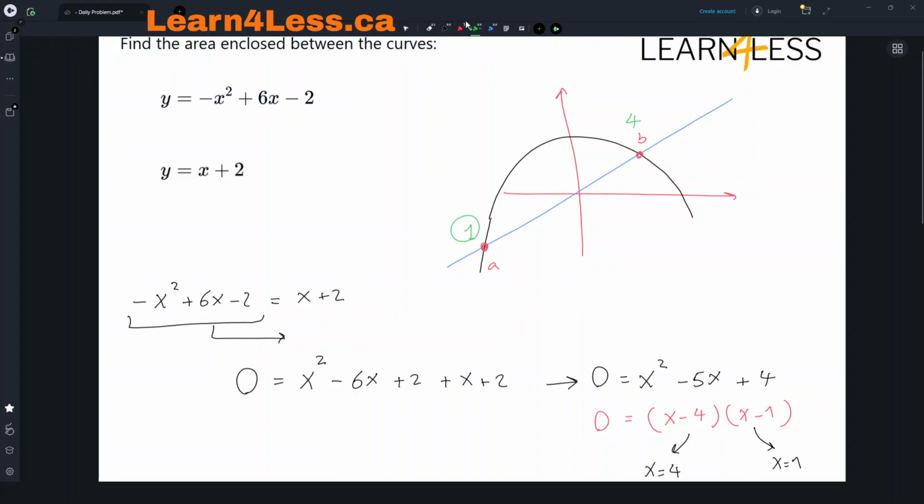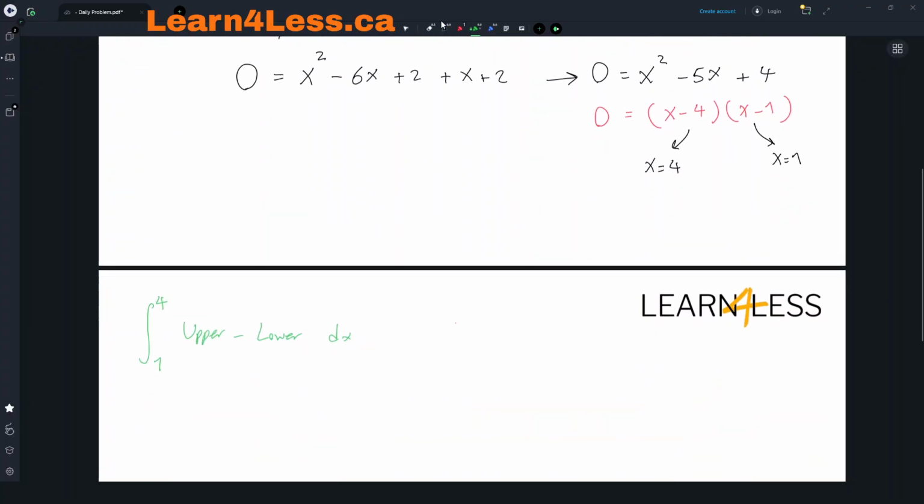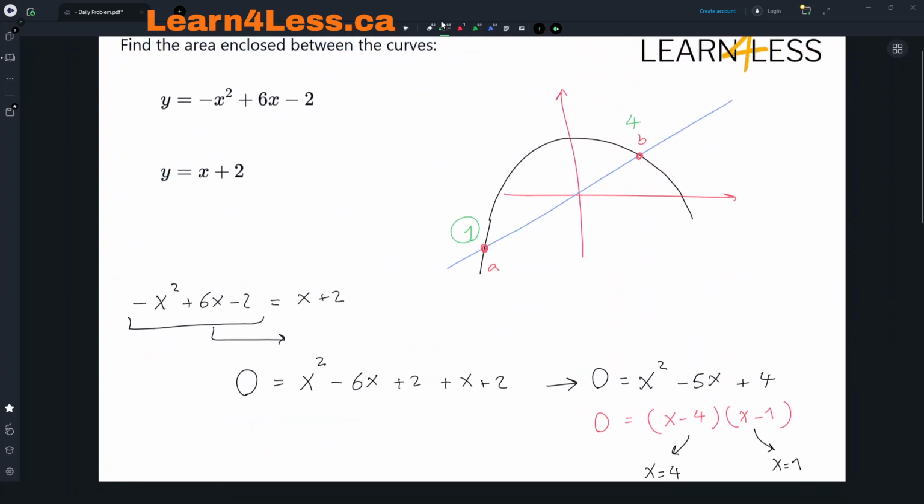Here we know the upper function is negative x squared plus 6x minus 2. So it would be the integral from 1 to 4 of negative x squared plus 6x minus 2, the upper function, minus the lower function, which is just x plus 2. This is a linear function.